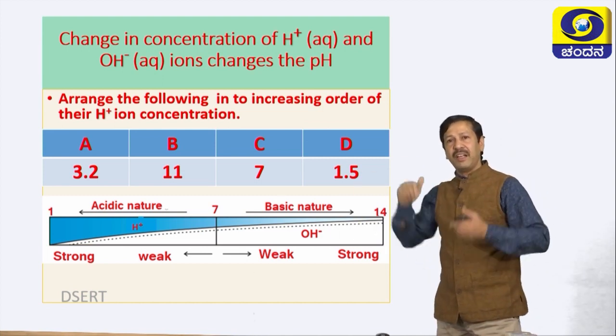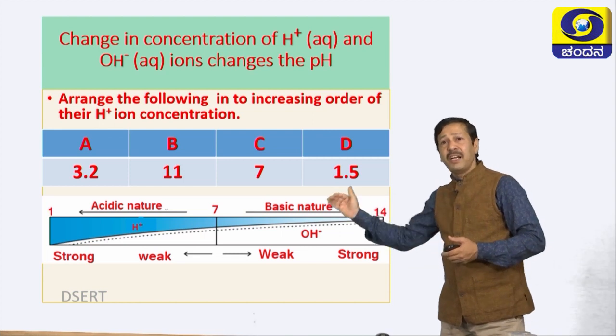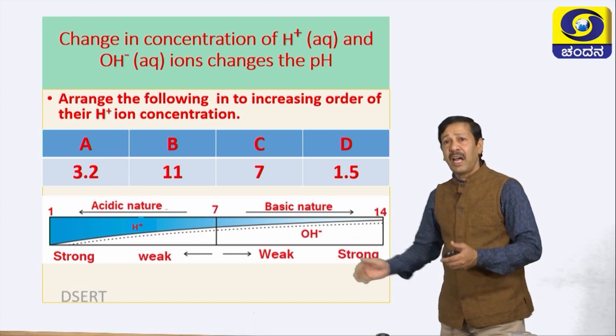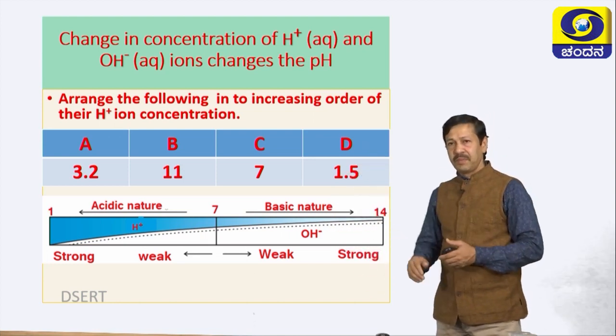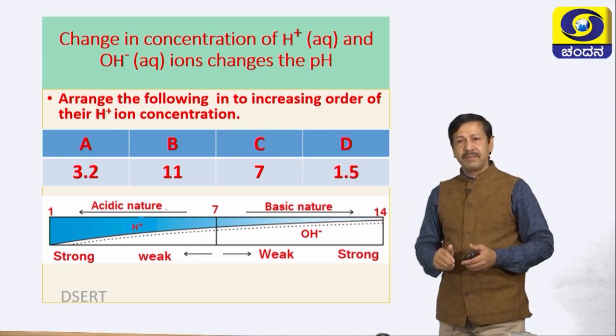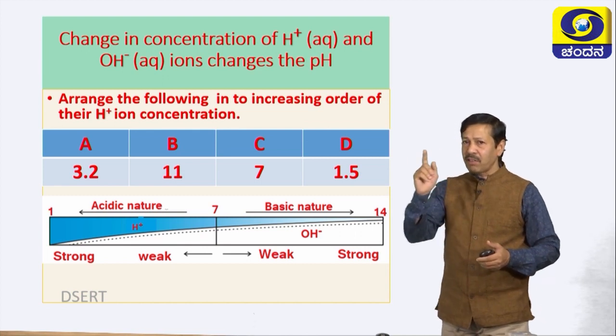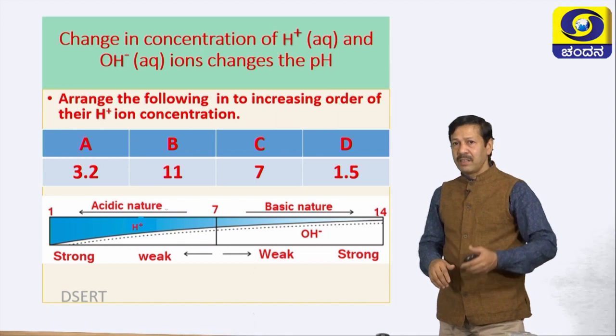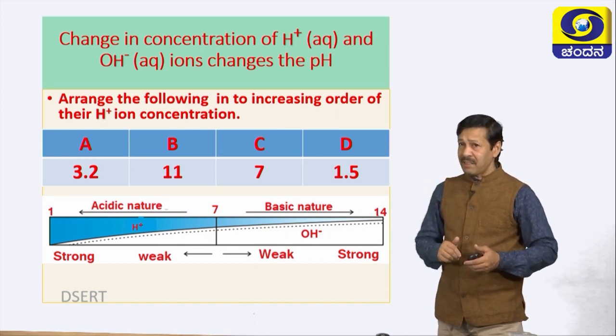Here is the pH scale. Towards the right side you are seeing the value in the pH scale increases and basic character increases. Below 7, H plus ion concentration is increasing. 1 is strong acid, 5 is weak acid.